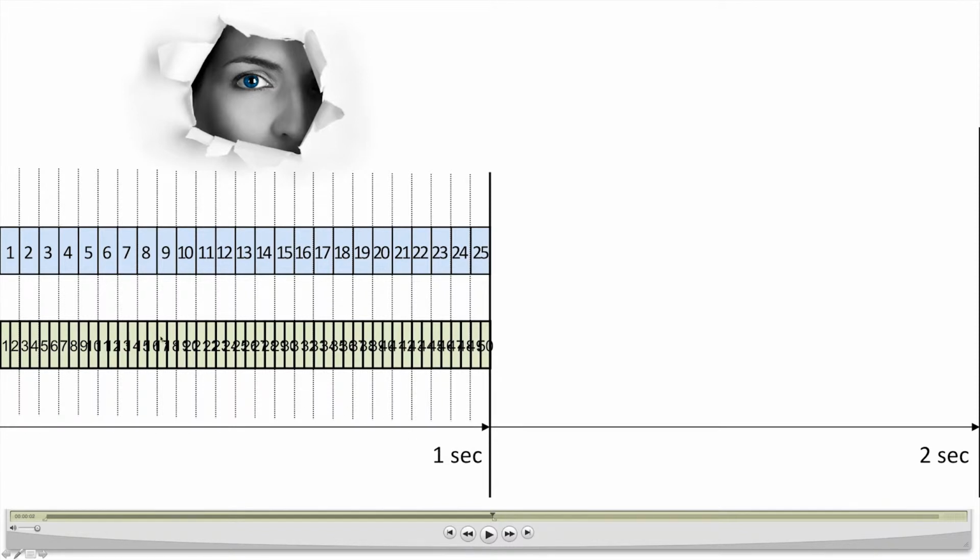You don't need all the frames because the eye sees those 2 frames at the same time. So the big secret here: what happens if we take this and present it in 2 seconds instead of 1 second?